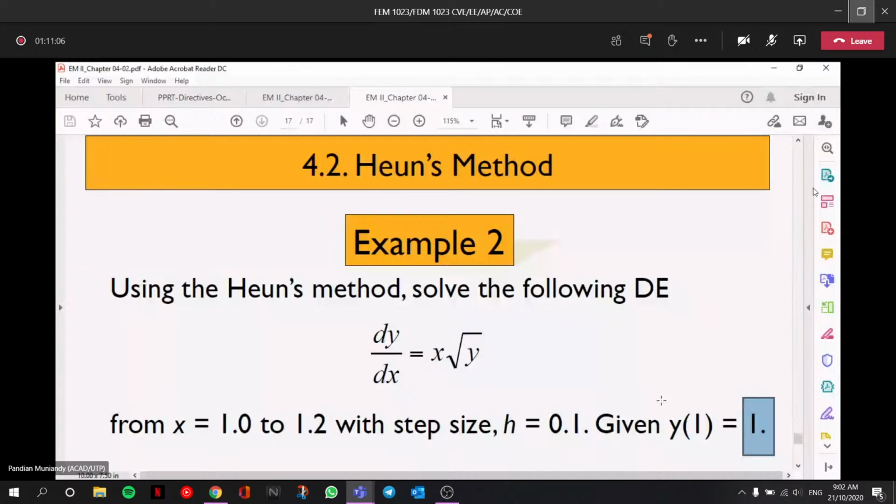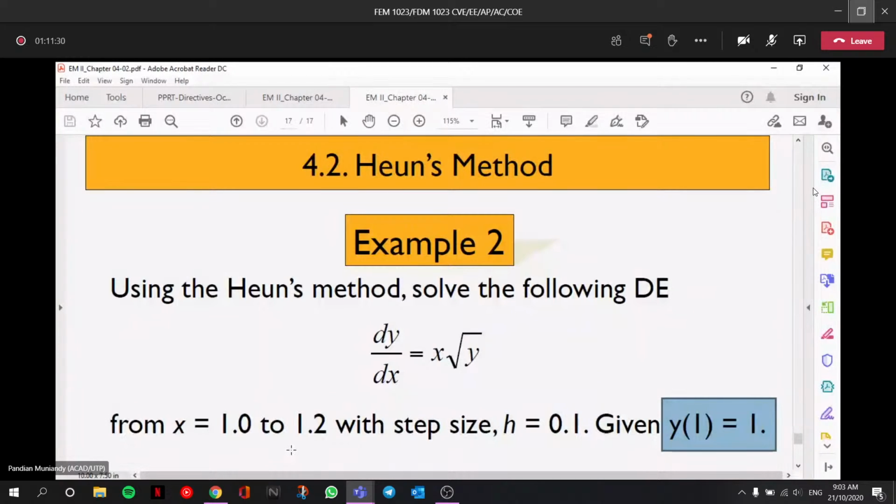You need not create this. This is already given to you. If it's not given, we are in trouble. Of course, you have to ask. This information is missing. Now, when x is 1, y is 1. Very simple, class. When x is 1.1, what is your y?